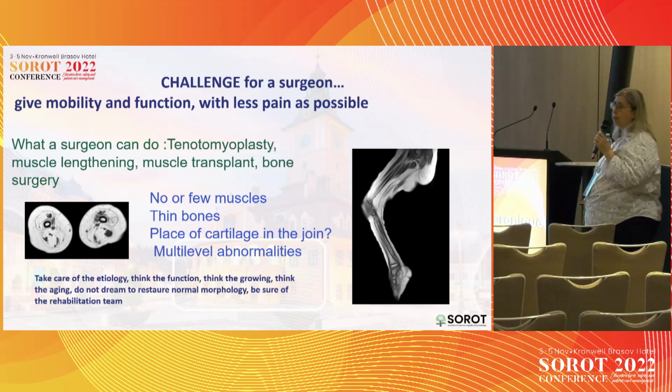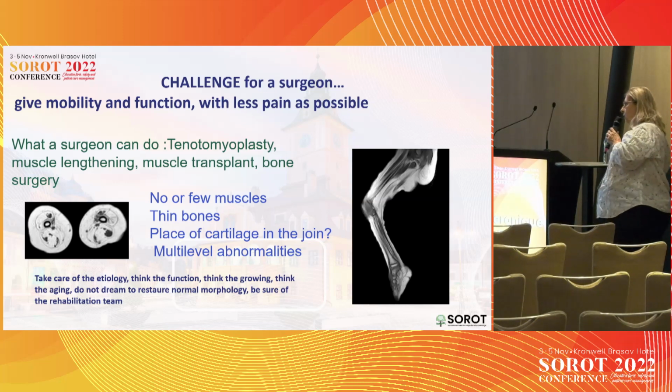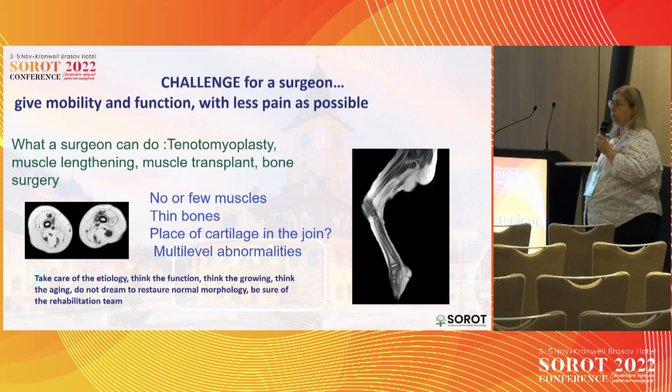So in AMC, the surgeon has to take care of the etiology, the function, the growth, the aging. Do not dream to restore normal function and normal morphology, and be sure of your rehabilitation team, because it's really an association you have to share.